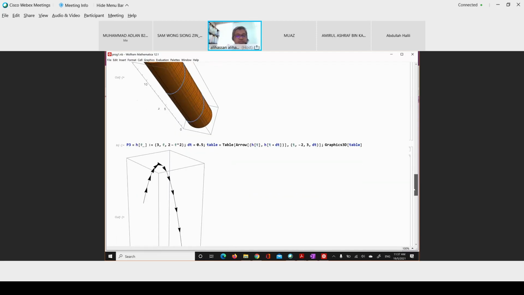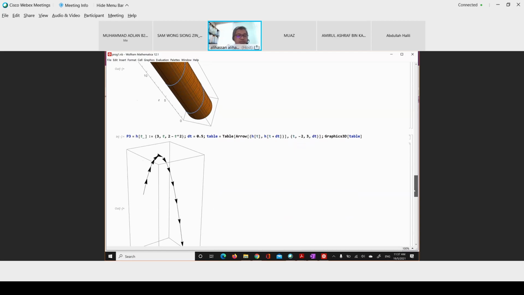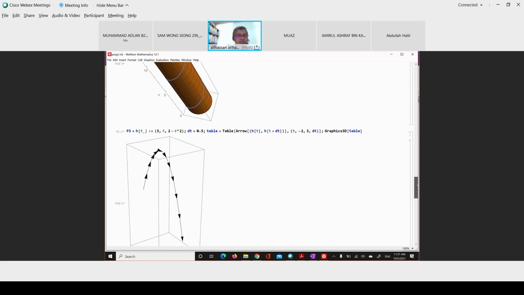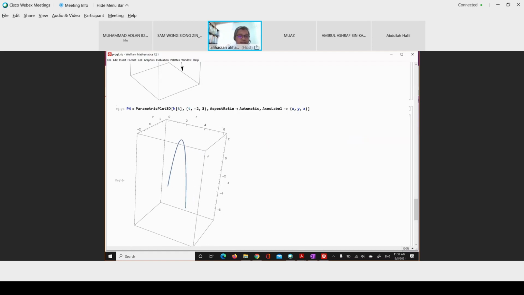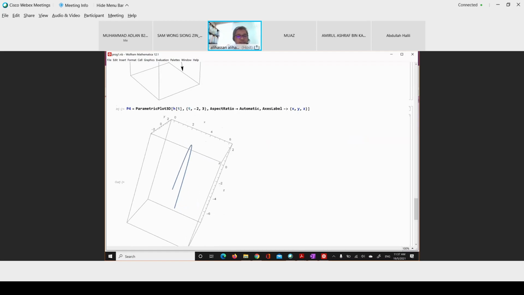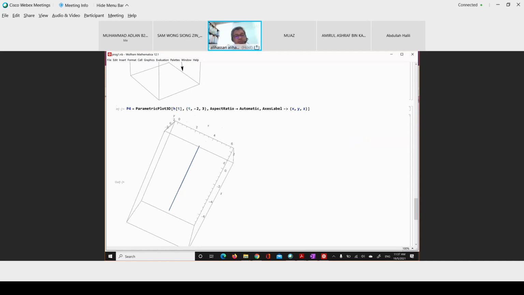Yeah, this one is yesterday's example. Remember, x(t) equal to 3, y(t) equal to t, and z(t) is 2 minus t squared. So it is a parabola on the plane x equal to 3, right? You can see here, it lies exactly on the plane x equal to 3.